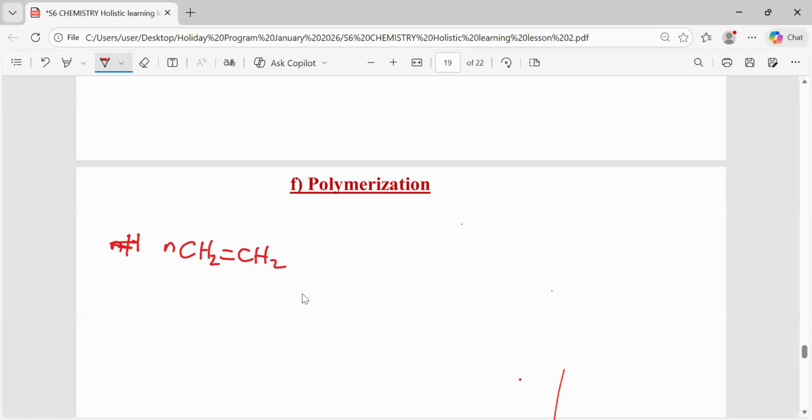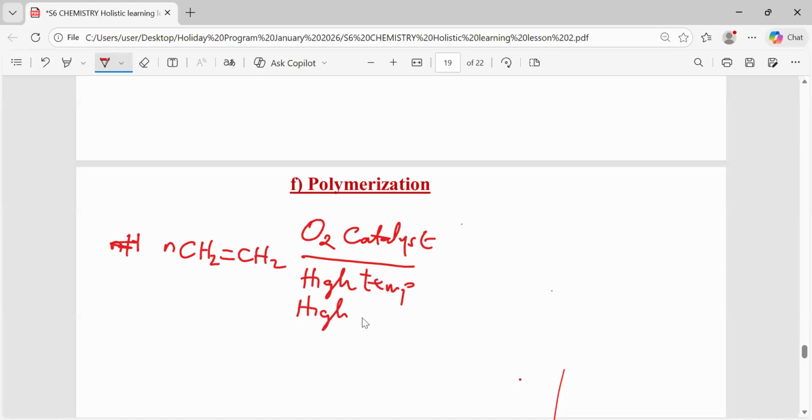And then in polymerization, we are using oxygen catalyst, at high temperature and also high pressure.